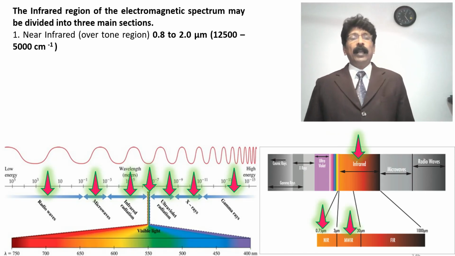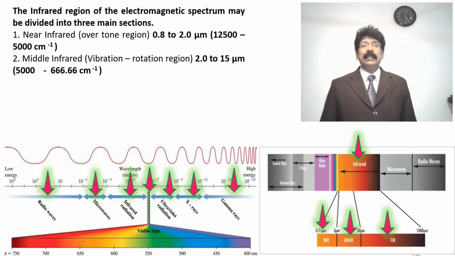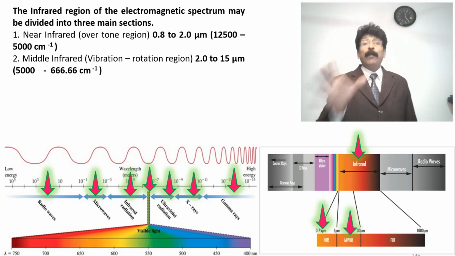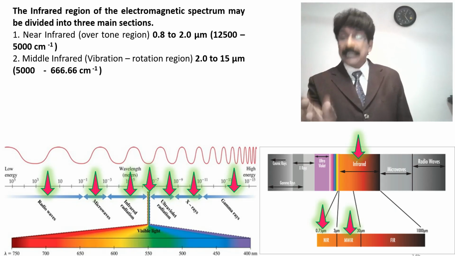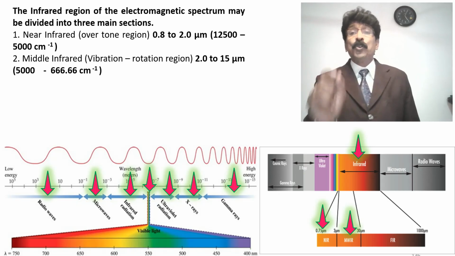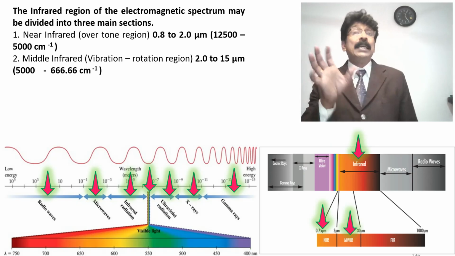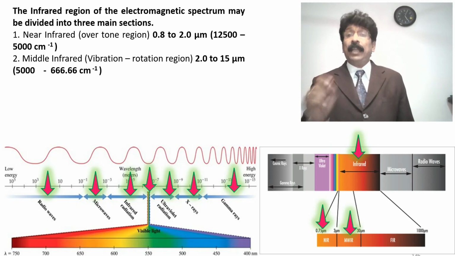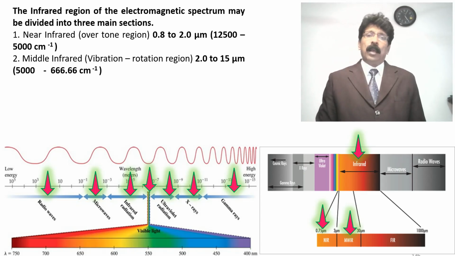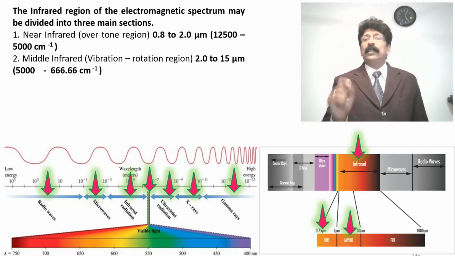And here you see the second one is the middle infrared region, that is the vibrational rotational region. This place is the main place. These rays are maximum 2 to 15 micron region, or 5,000 to 666.66 centimeter inverse of the wavelength of rays in infrared.